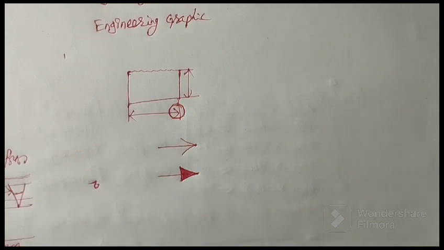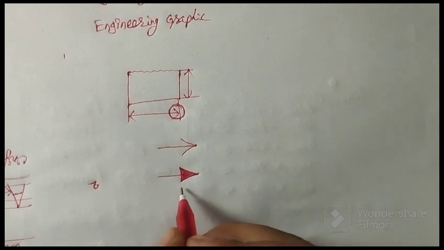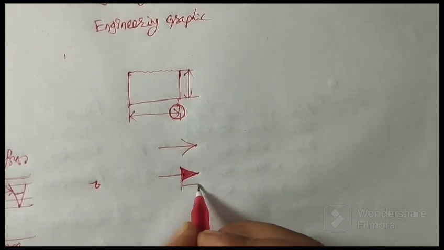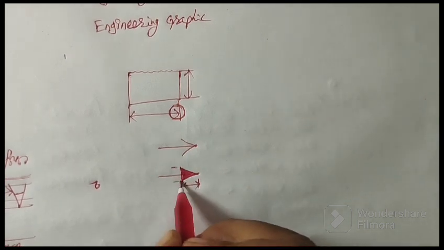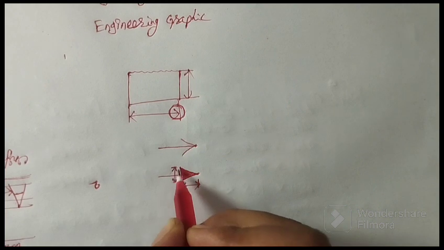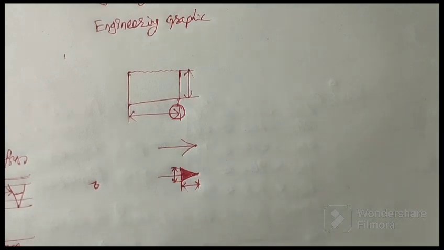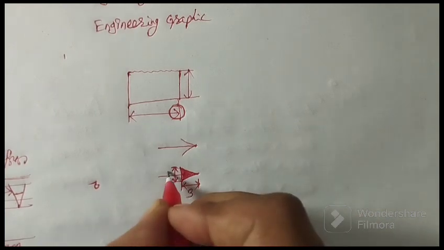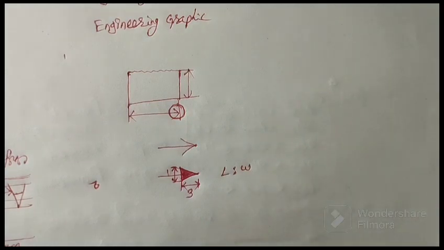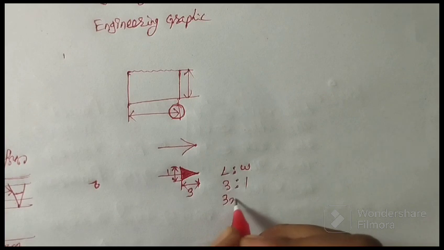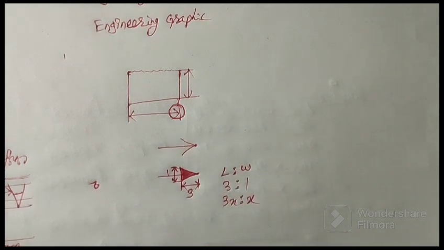There is a specific formula or specific ratio for this length. If this is the length of this arrow, then this would be the width of the arrow. So what should be its ratio? The ratio of length to width of an arrow would be 3:1, or we can say 3x to x.